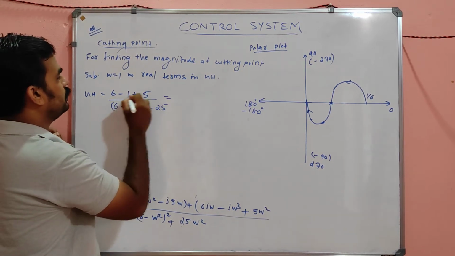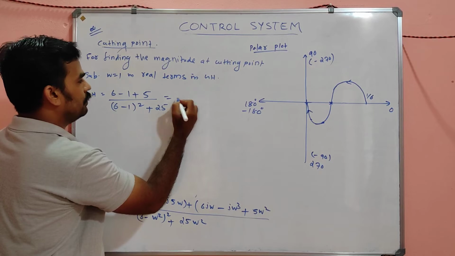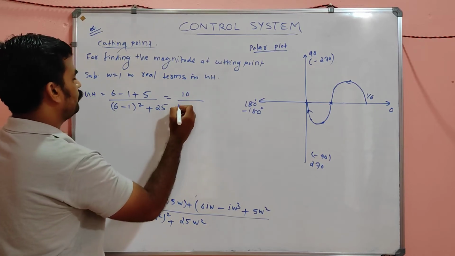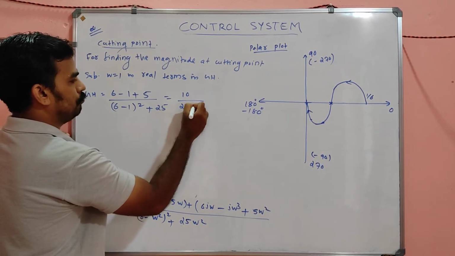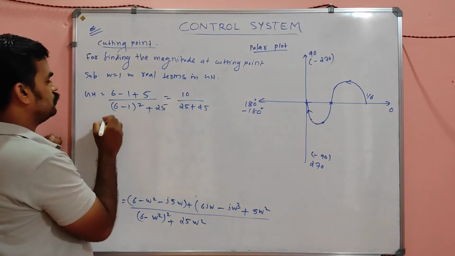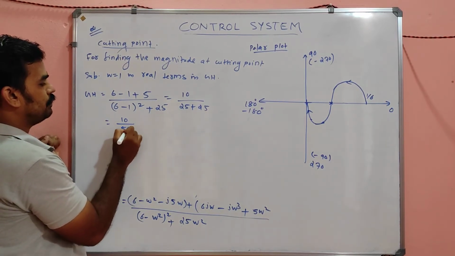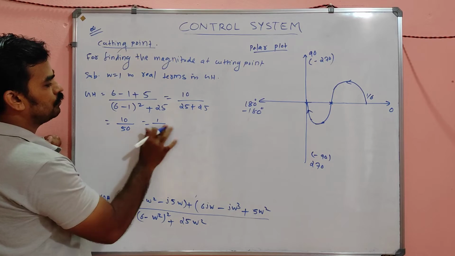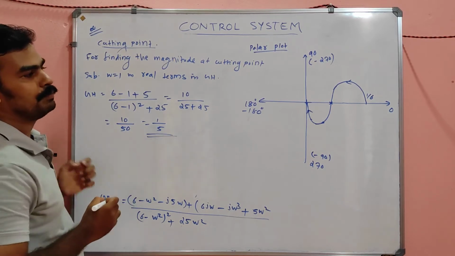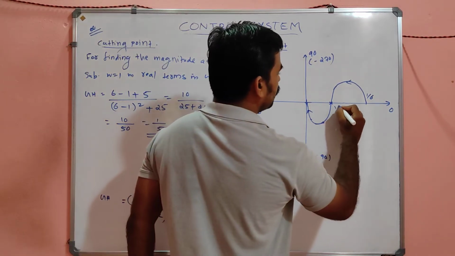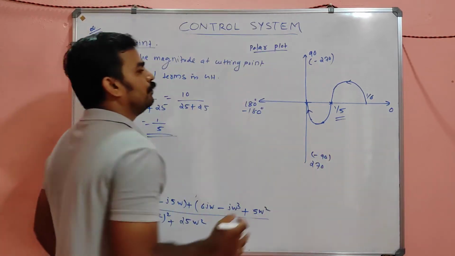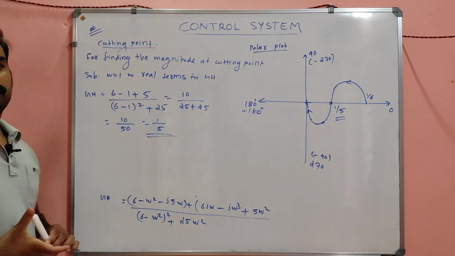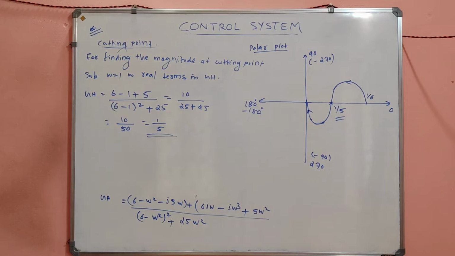So the answer is 6 plus 5 is 11, 11 minus 1 is 10, divided by 25 plus 25. So it will be 10 by 50, which is 1 by 5. So the cutting point will be 1 by 5. See the complete answer.